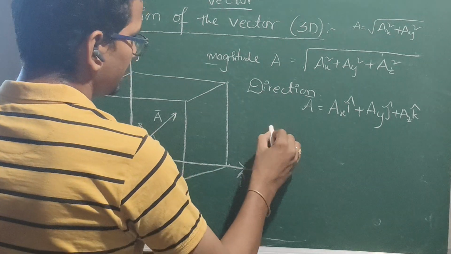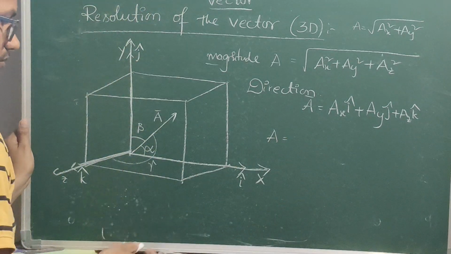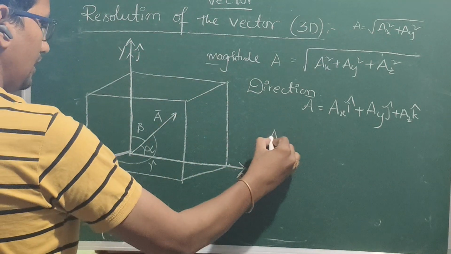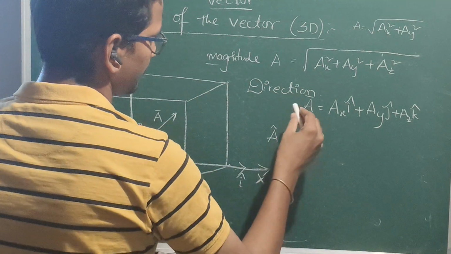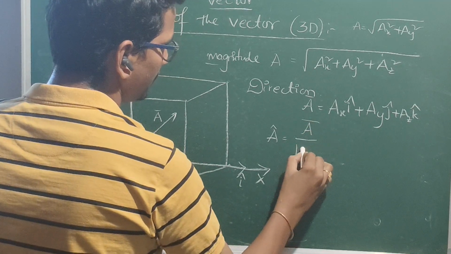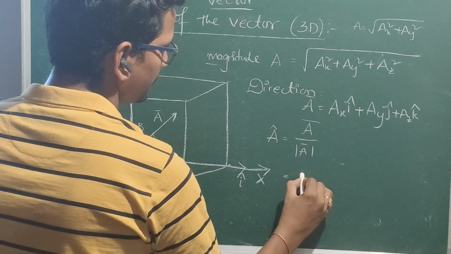How can you say the resultant vector? For example, A cap is equal to, it's a unit vector of the resultant. What is the value we want to write here? A bar by modulus of A bar, or A. What is the A bar here?